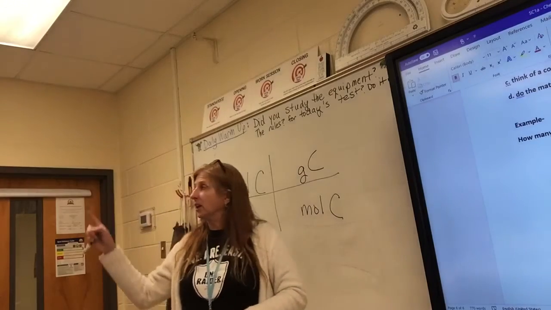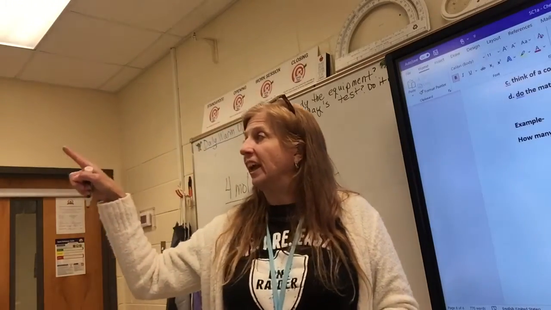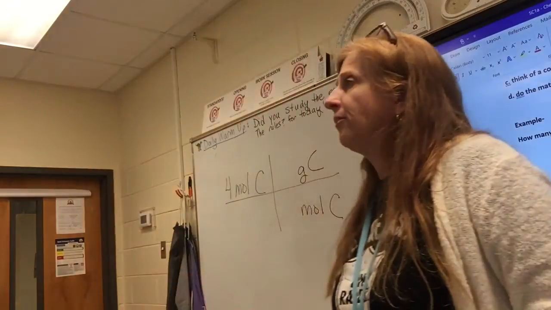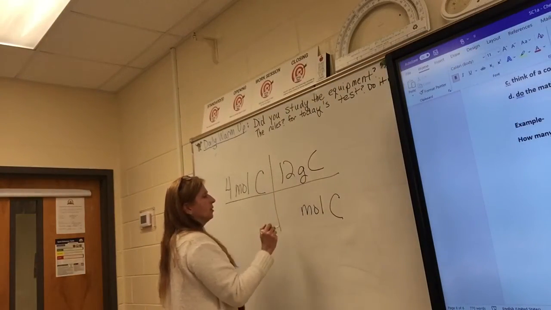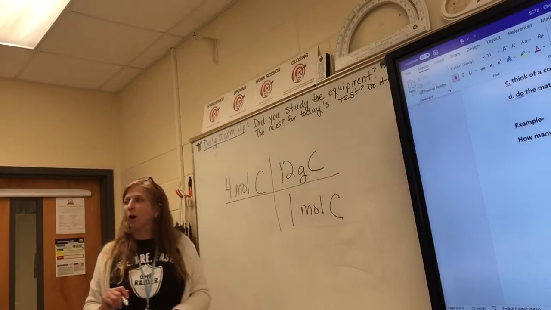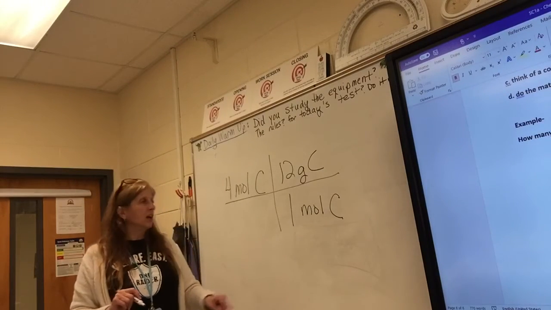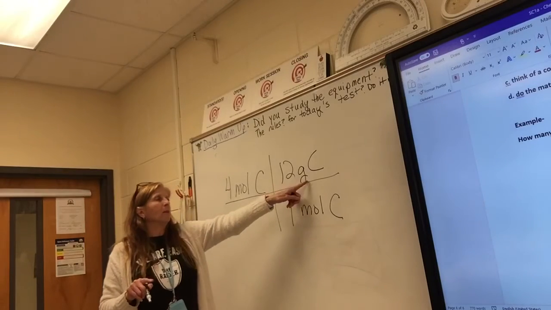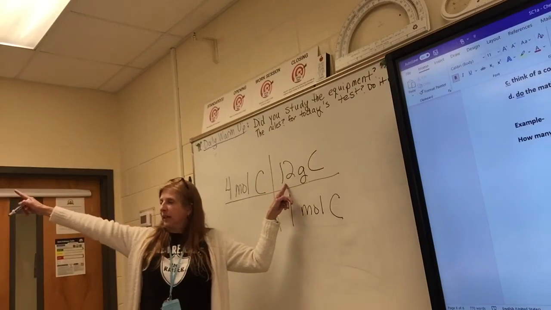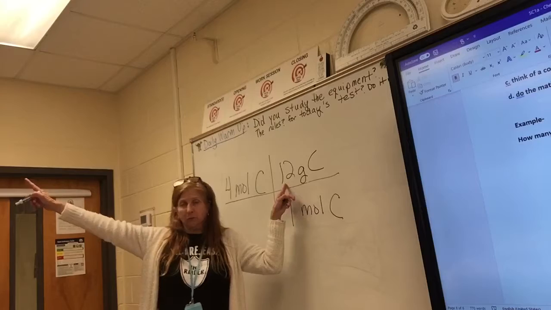Now, everybody look at carbon, number 6. What's its molar mass? 12. We're going to just round it to 12 grams per 1 mole. So the number that goes with mole here is 1. The number that goes with the grams is the decimal number on the periodic table.